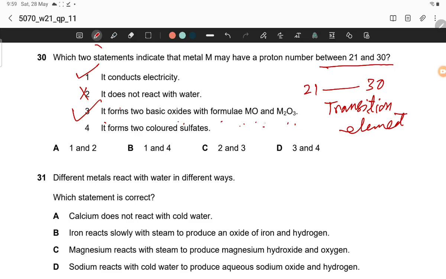It forms colored sulfates. Yes, metals form colored sulfates. So 1, 3 and 4 is not an option, so we must go with 3 and 4. D option is correct.